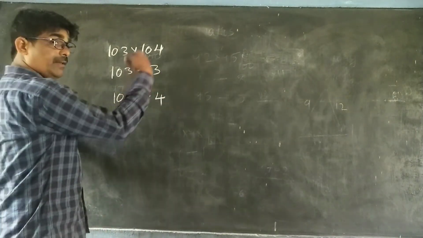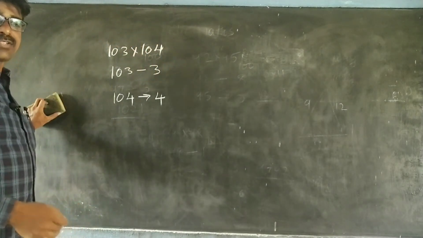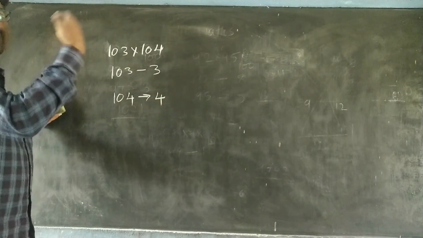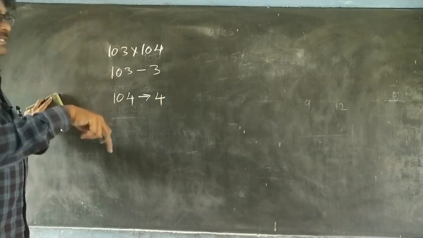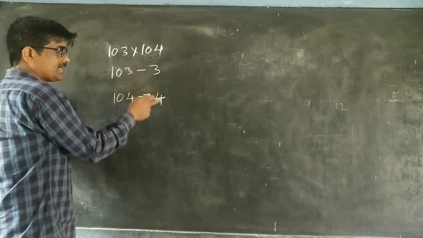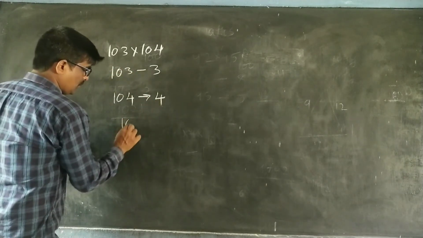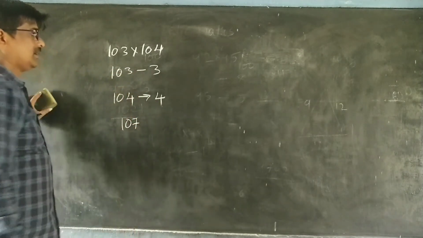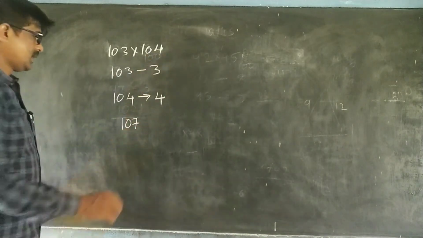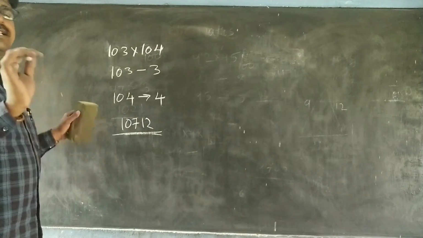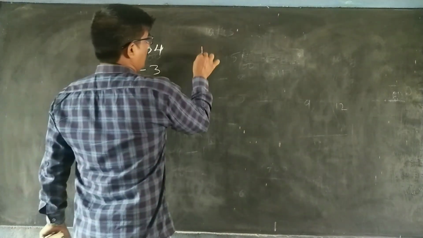In the previous examples the numbers were less than 100, that's why we were doing subtraction. This is above 100, that's why I have to add. 103 plus 4 is equal to 107. Next, 3 4s are 12. Simple, very easy.